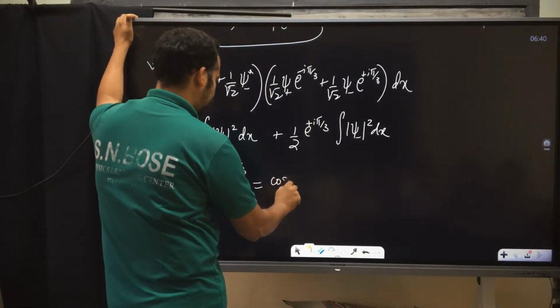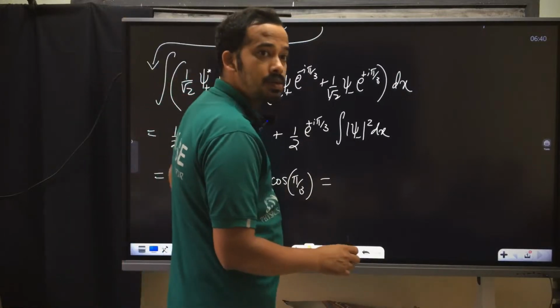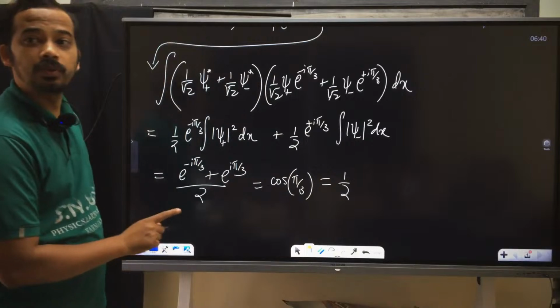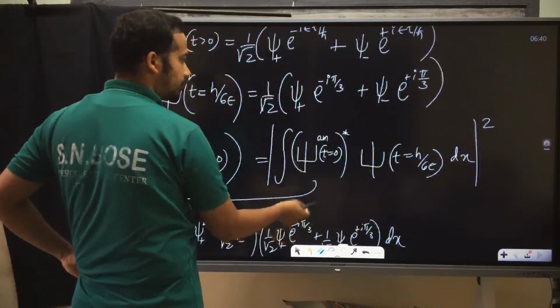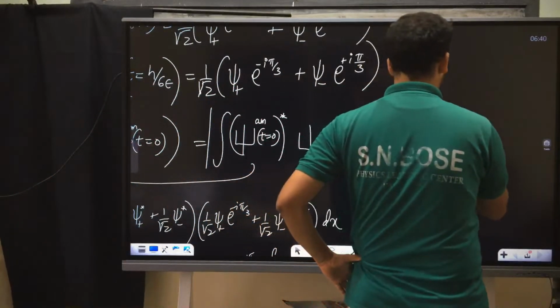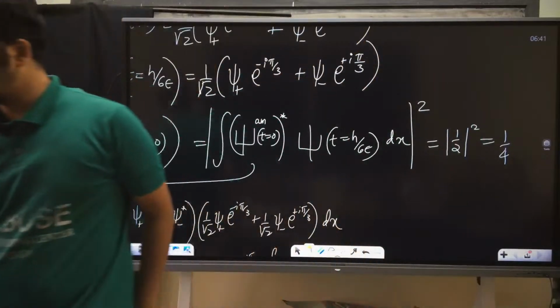So cos pi by 3, which is 1 by 2. But 1 by 2 is not the answer, because this is the inner product. You have to take the mod square. They may give that as one of the answers. Mod of 1 by 2 square is equal to 1 by 4. You have the answer 0.25.